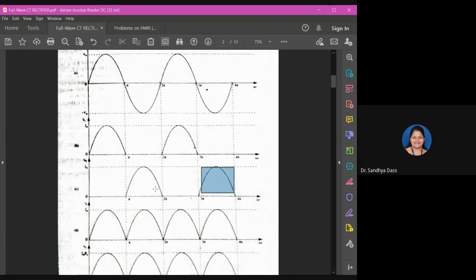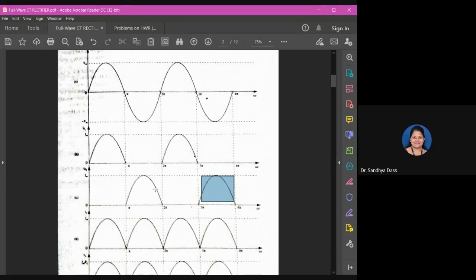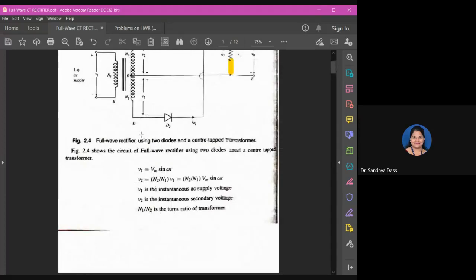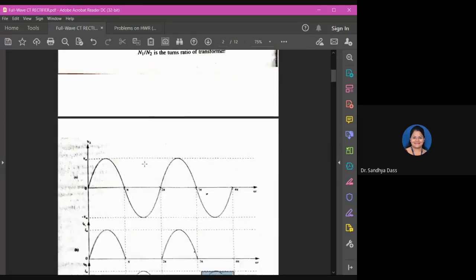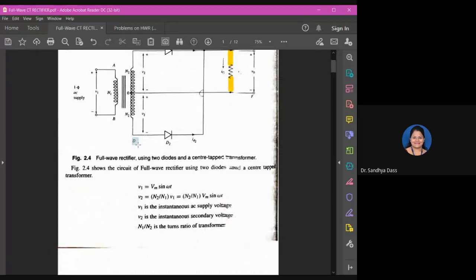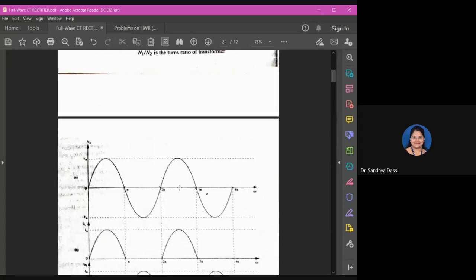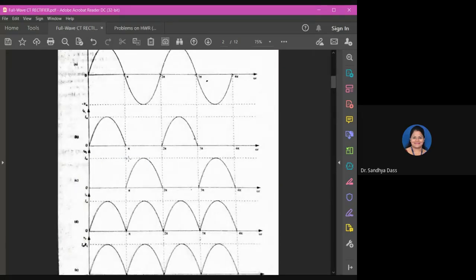But observe here, I didn't use the term negative cycle because the diode is not reverse biased there. Because of the center tap, point D will be positive, which will make diode D2 forward biased. In the next half cycle, the output you will get is because of diode D2. These are the two currents you get because of the two diodes D1 and D2.